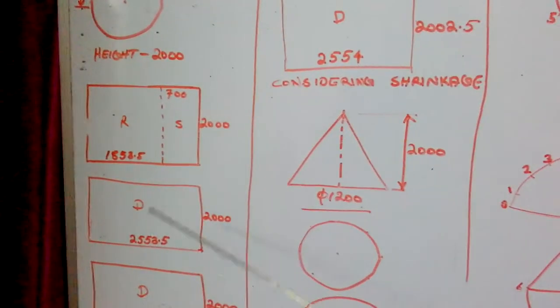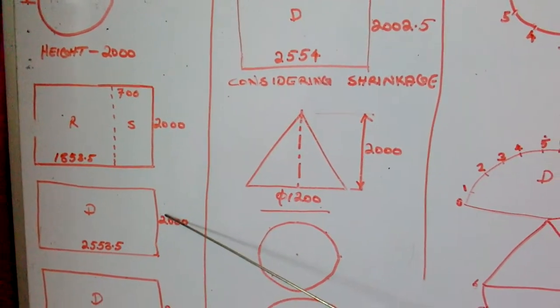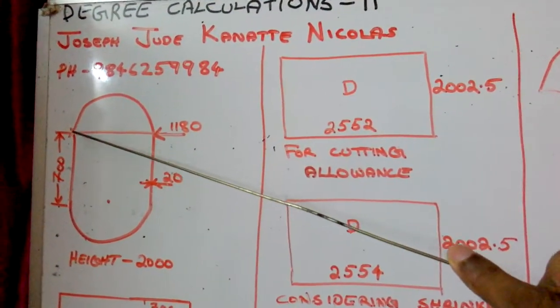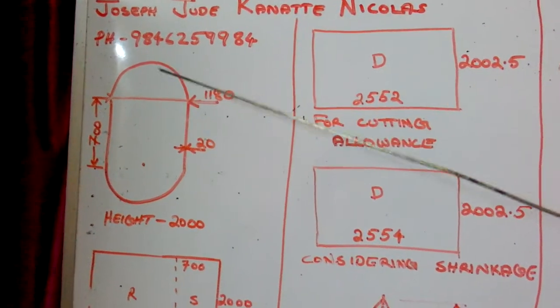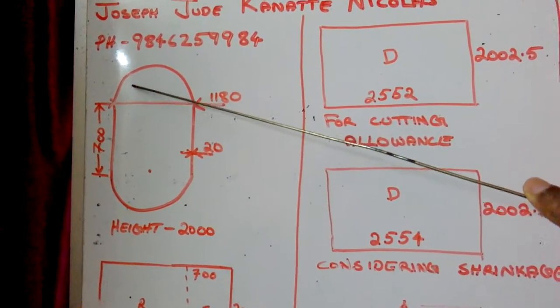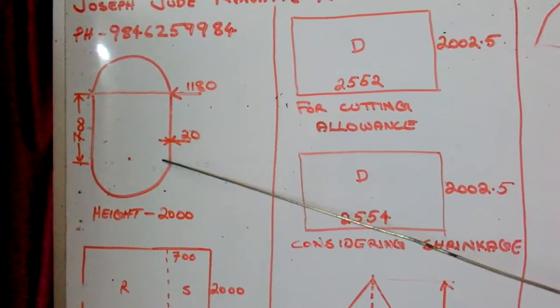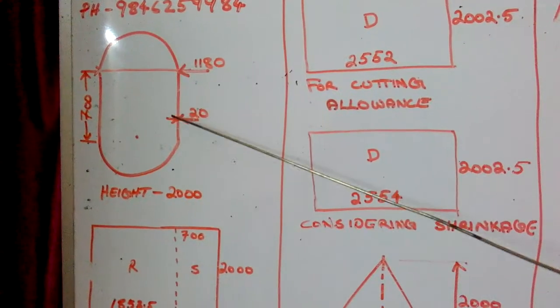So finally we thought this should be its development. Afterwards we recognized we have to give a 4 mm gap here and a 4 mm gap here. So we decreased 2 mm from this plate on this side and 2 mm from this plate on this side.